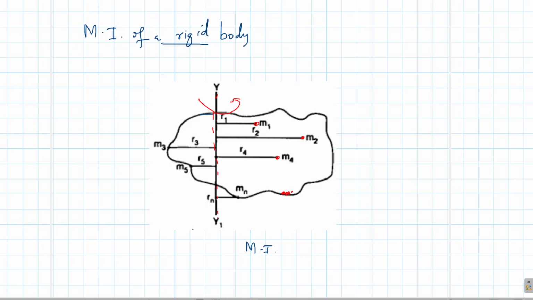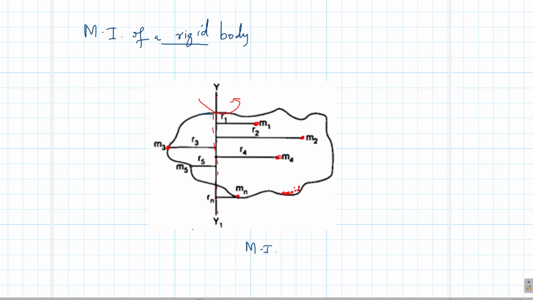Each point inside this body contributes to the total moment of inertia of the rigid body. I have plotted some sample points here. You can see m1 here, m2 here, m3 here, m4, m5, and mn here. Just like that, you have to plot and find all the mass points, all the particles inside this rigid body.